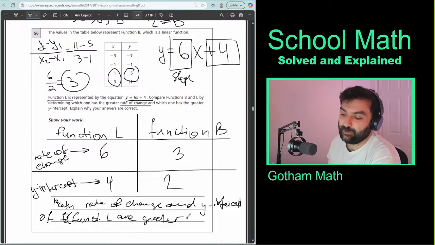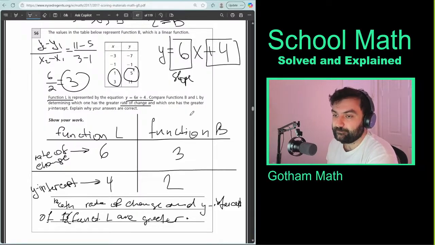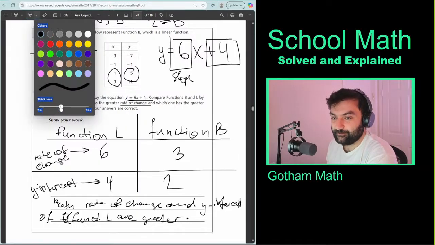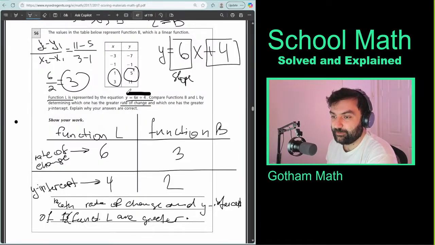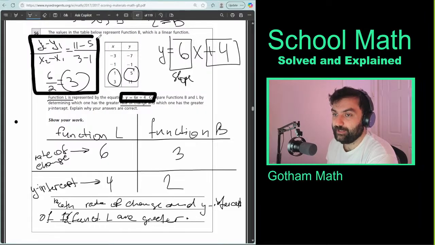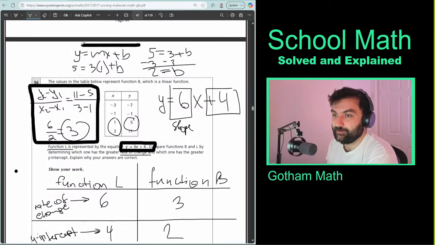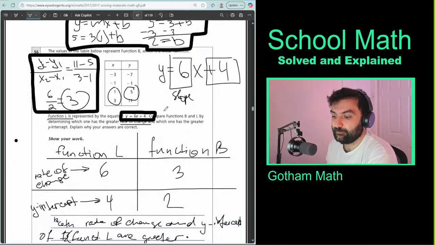For one of them, I just took it from the formula. For the other, I had to do 2 steps: find the slope and then find b based on the points on the table. That's all.